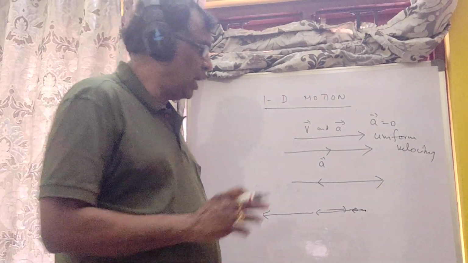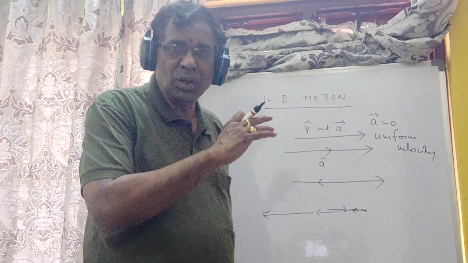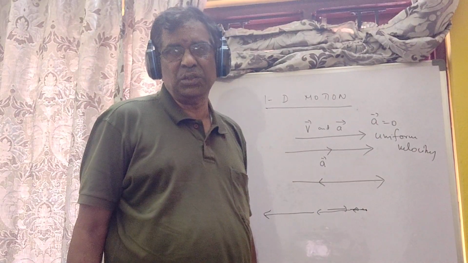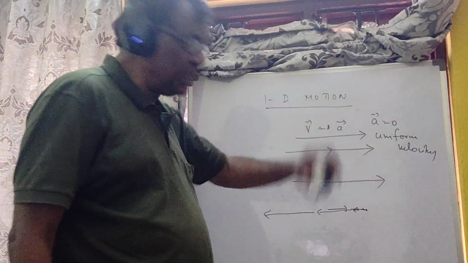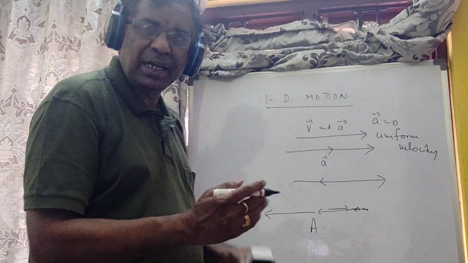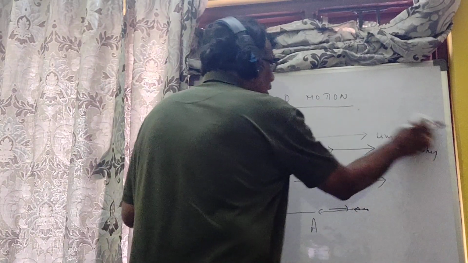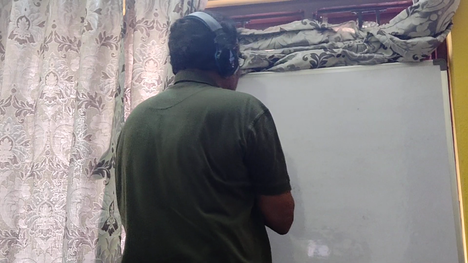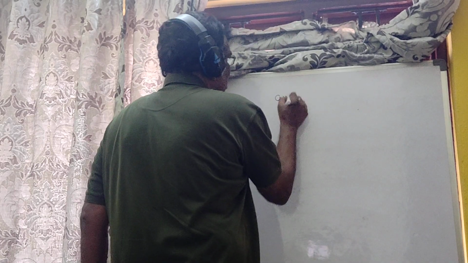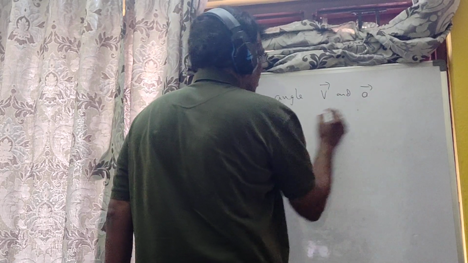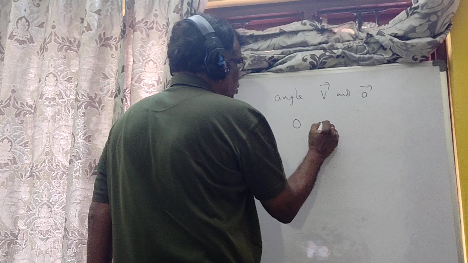That means uniform velocity is bound to be a 1D motion. So remember, i, j, k is not going to determine whether the motion is 1D or 2D. But what determines it is, I'm now summarizing this, the angle between velocity and acceleration must be either 0 or pi, or 180 degrees.